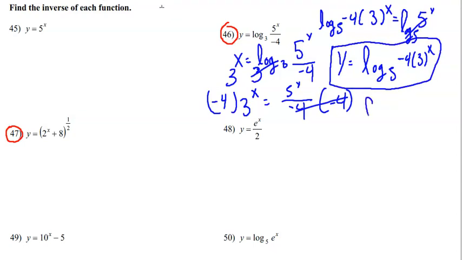Some notations might put f to the negative 1 of x instead, or they might leave it this way. The key in the back will just have it in this notation. But be aware that on multiple choice tests or other places that this might come up, they might use this notation instead.